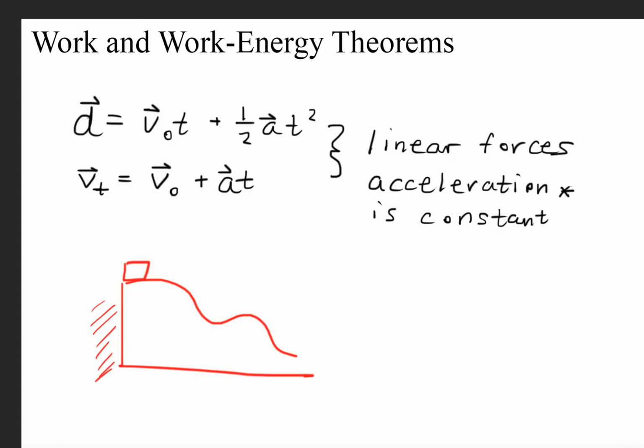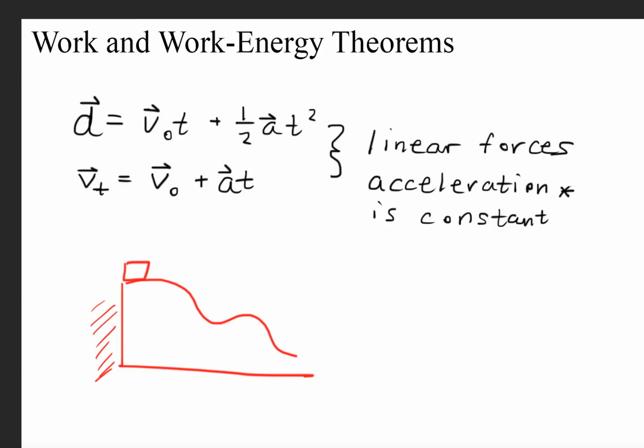Now, it's possible to utilize these types of equations, but you'd have to calculate at every single point where your acceleration changes. And that can range from a few changes of acceleration to hundreds of thousands of changes in acceleration.